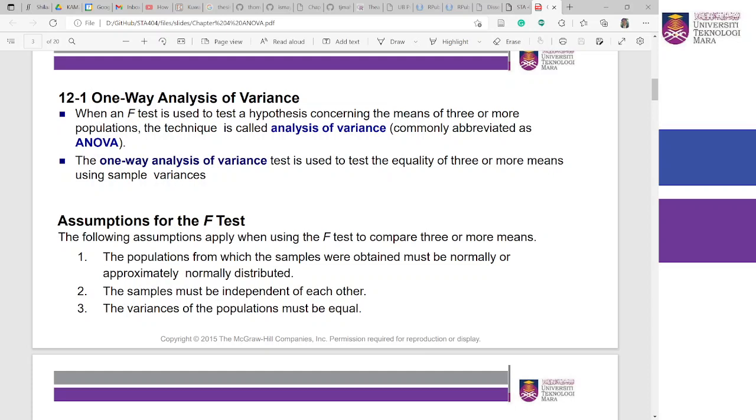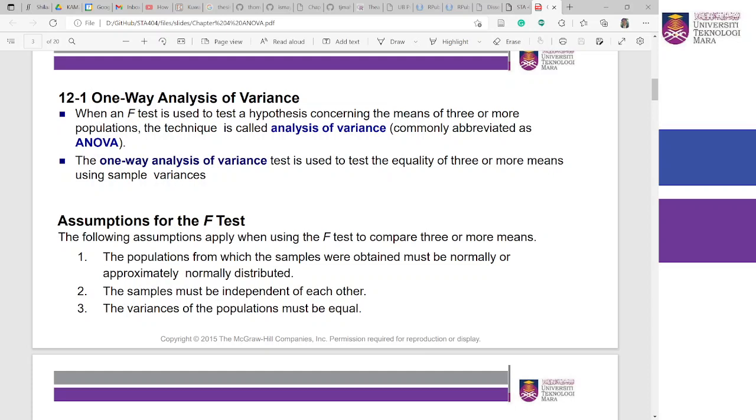Okay, so dia gunakan sample variance untuk menguji adakah terdapatnya perbezaan means, untuk 3 ataupun lebih groups. So boleh katakan F-test normally they are using the variance to perform the testing.